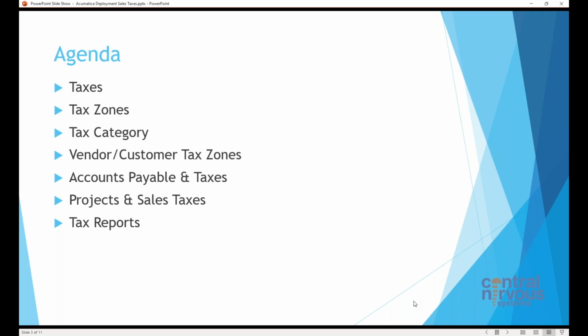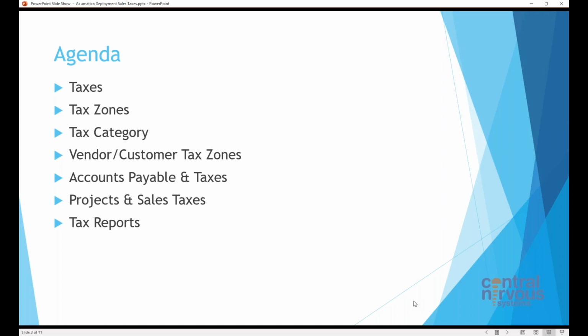We'll be looking at vendor and customer tax zones and how they potentially roll through to the accounts payable and taxes. And we'll follow up with project and sales taxes, so getting our Acumatica projects to pull in tax settings and apply taxes on sales invoices when we run project billing, making sure those taxes flow through properly.